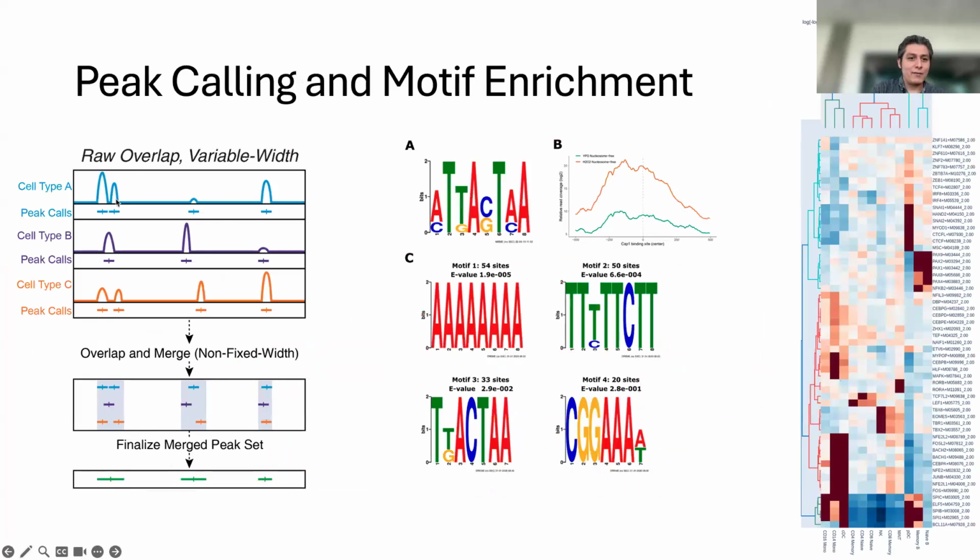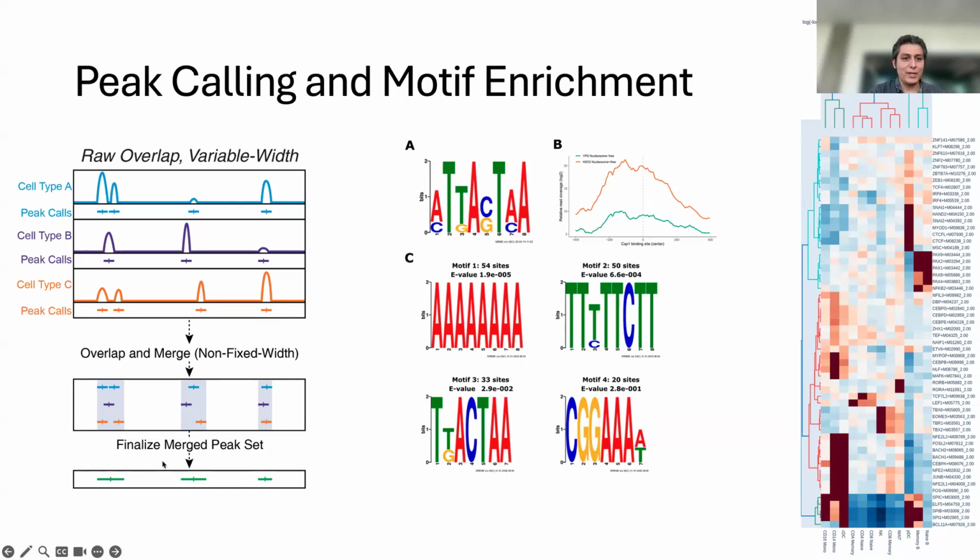This I have taken from the ArchR documentation and tutorial sets, and it's basically describing what is happening during the peak calling process. You might have a couple different cell types, and they might have peaks called in different areas within that same sample. And at a sample level, when you end up merging these, this is the merged peak set that you end up with.